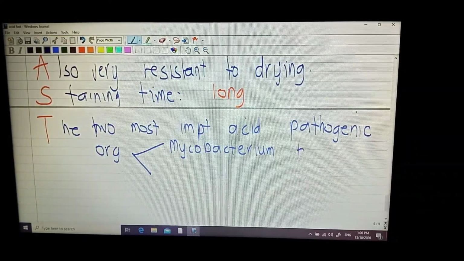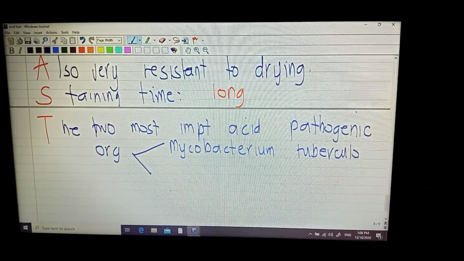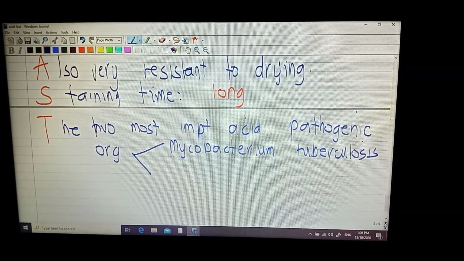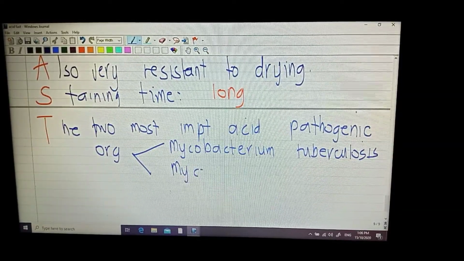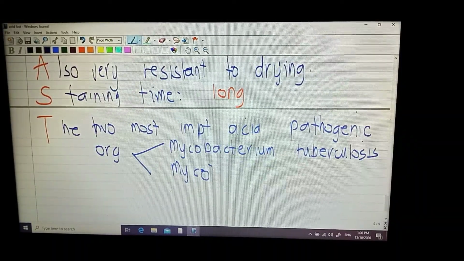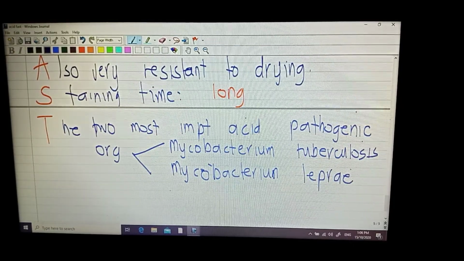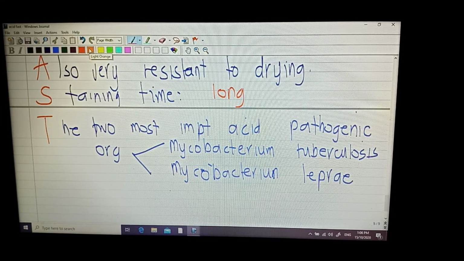And the other one, your Hansen's disease or your leprosy, Mycobacterium leprae. That is the causative agent of your leprosy or Hansen's disease.